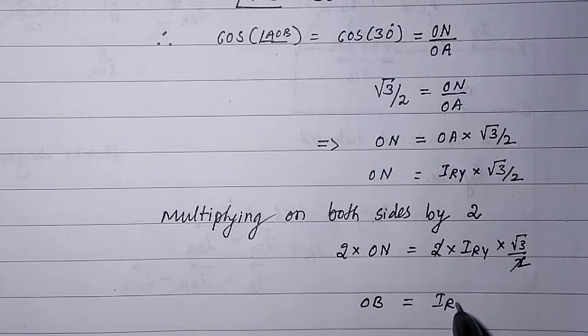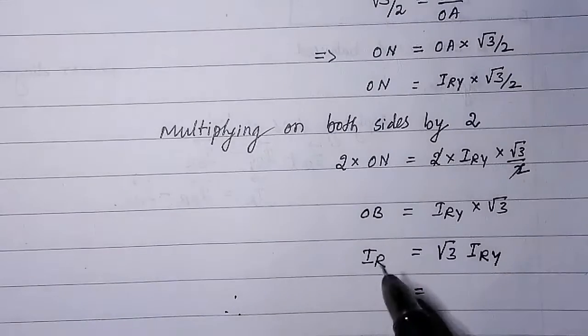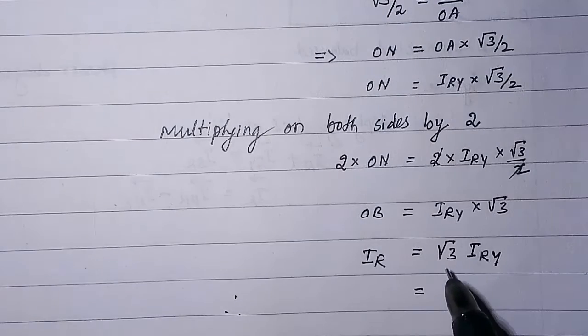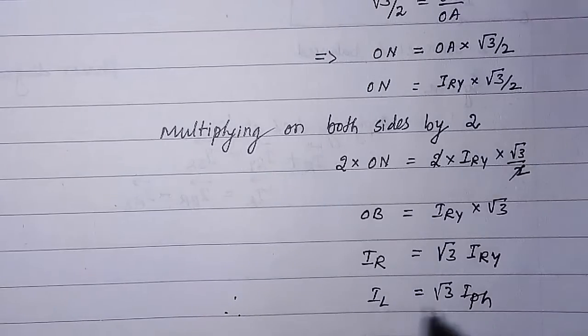So OB is equal to IRY into root 3. But OB is equal to line current IR. So IR is equal to root 3 times IRY. Since all line currents are equal to IL and all phase currents are equal to IPH, we can write IL is equal to root 3 times IPH.